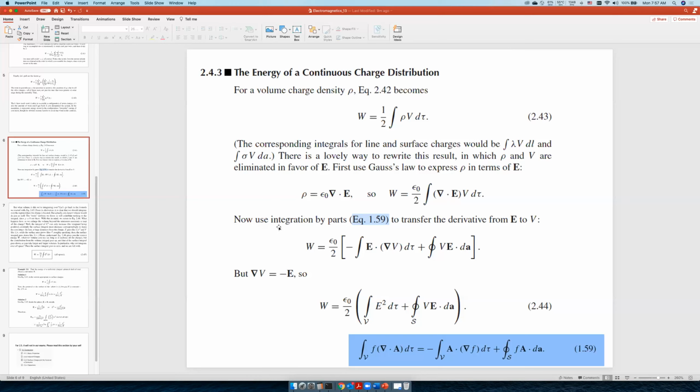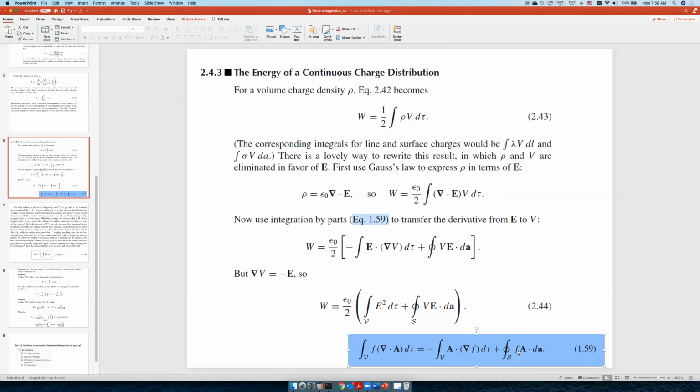Now, let's use integration by parts, equation 1.59, to transform the derivative from E to V. Here I show the equation 1.59: the integral of f times the divergence of A d tau equals negative the integral of A dot gradient of f d tau plus a surface integral of fA dA.